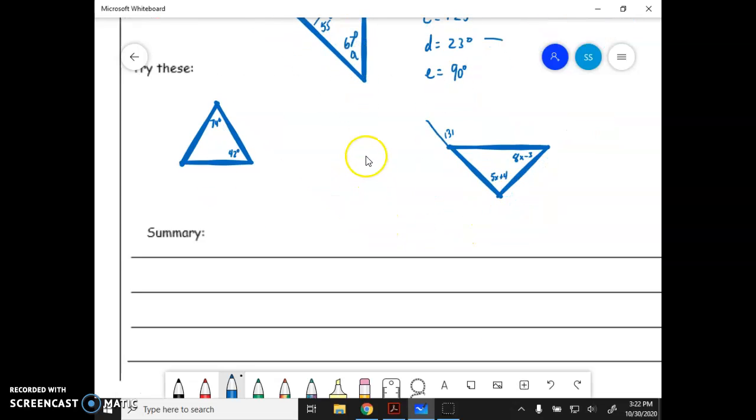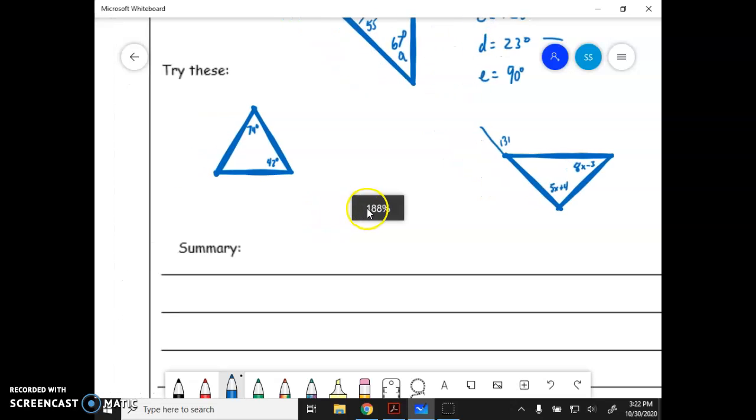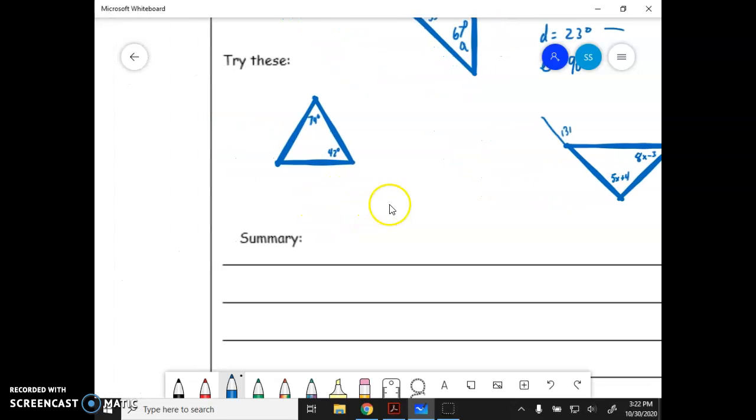All right, moving on. This one should be pretty easy for us. We know that the interior angles add up to 180. So if you start with 180, how about we just put in an X here? So 74 plus 42 plus X, and solve this equation.